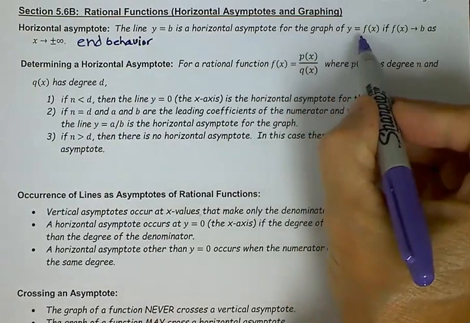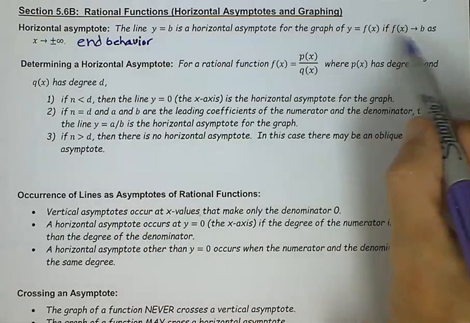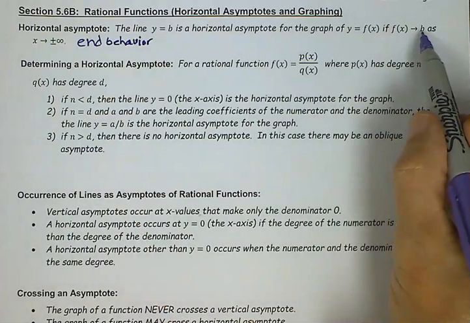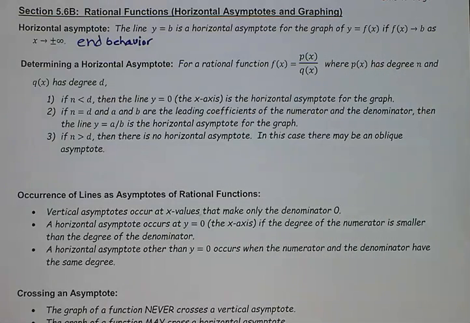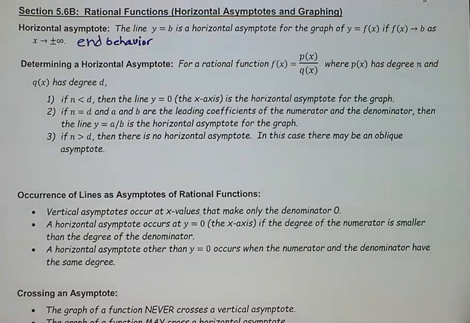Only for this, instead of going up towards positive or negative infinity, we actually have our y values going towards a particular value. How we can find the horizontal asymptote is by comparing the degrees of the two polynomials on the top and the bottom of our function.